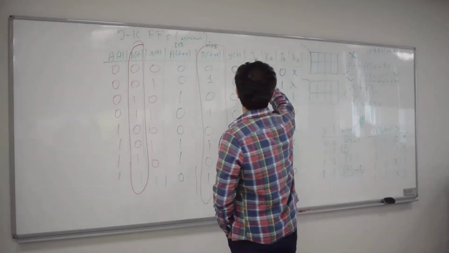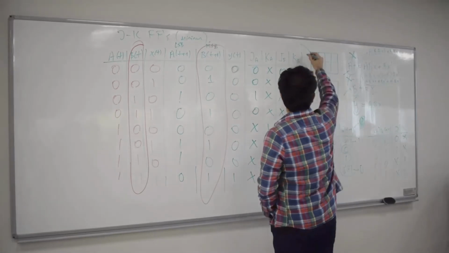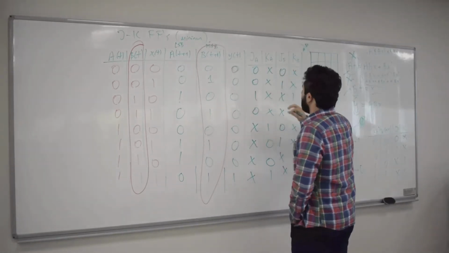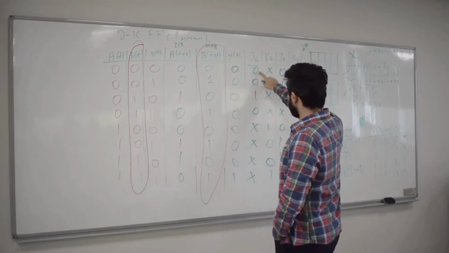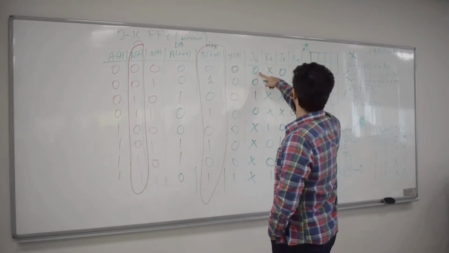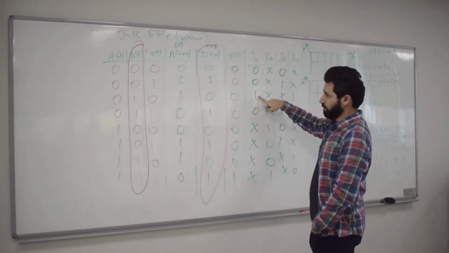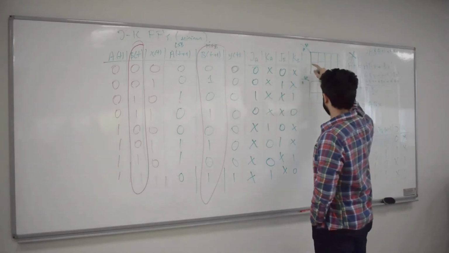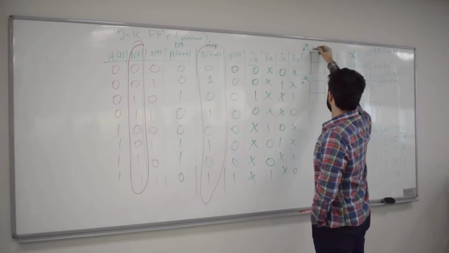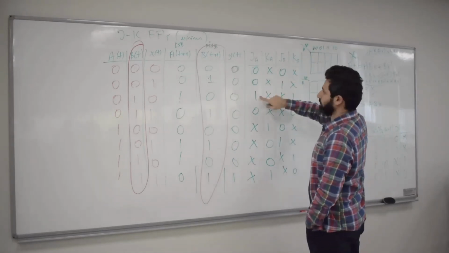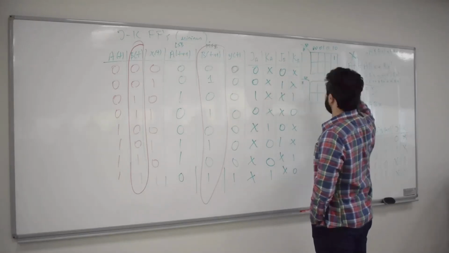Okay, so for JA, I'm going to use the same terminology, A and BX. For JA, I have 0, 0, 0. Sorry, this one is important, which is 0, 1, 0. Then 1, 1, 0. So 0, 1, 0 is here.